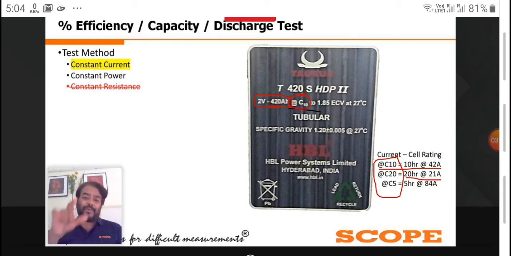So the remaining is the current. If it is mentioned 420 ampere hour at 20 hours, it is very clear, I have to draw a current of 21 ampere for a duration of 20 hours in that fashion.